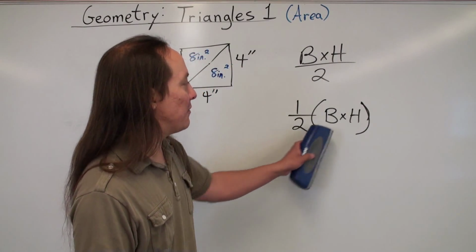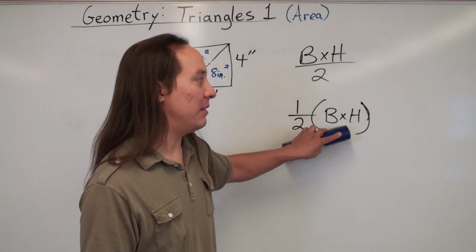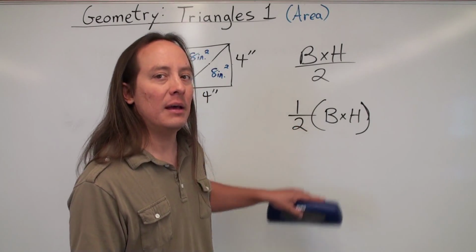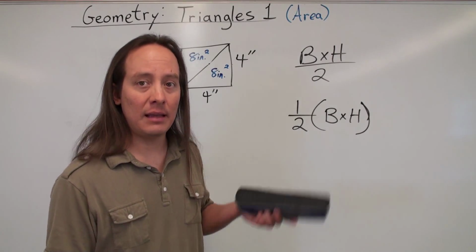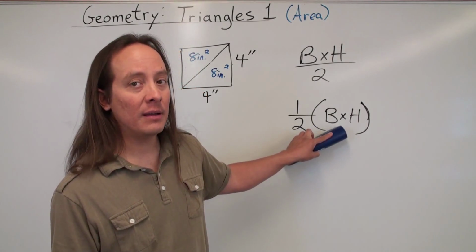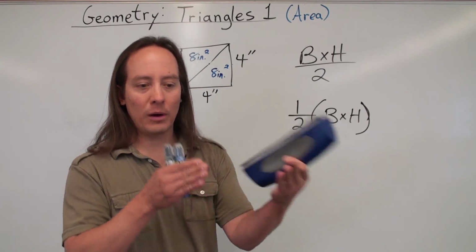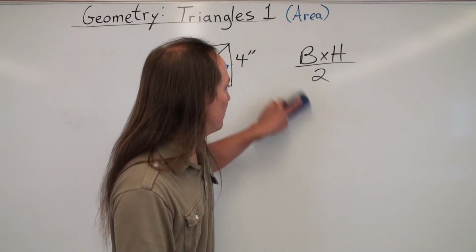But it's basically half of a square, or half of the area of a four-sided shape that has this as its formula. I shouldn't have used trapezoid because trapezoid isn't base times height. But the parallelogram, it would be. The rectangle, it is. And also for the square, it is. So if the area of a shape is base times height, you can cut it in half and then you get the triangle version. And each one of those would be a half. Okay? So anyway, that's the formula right there.